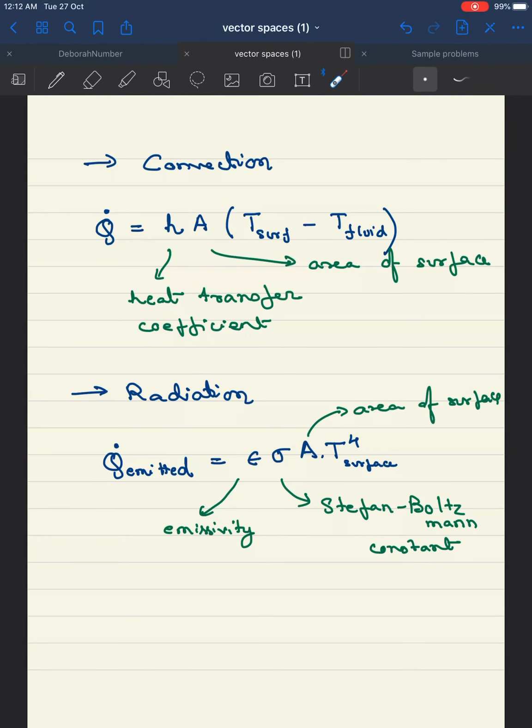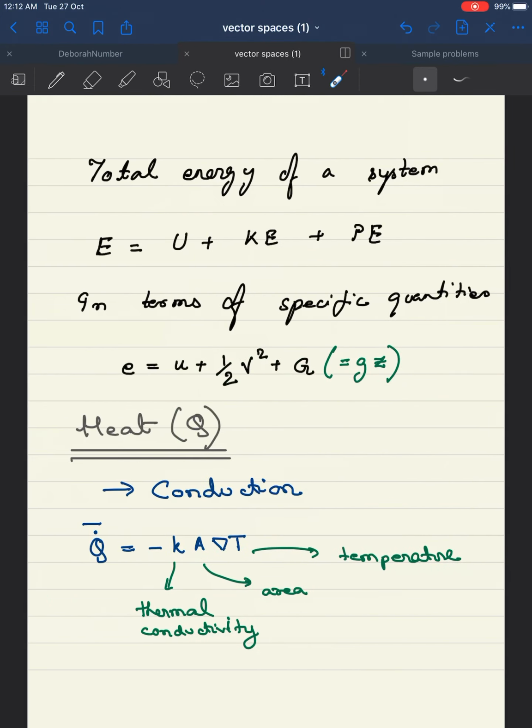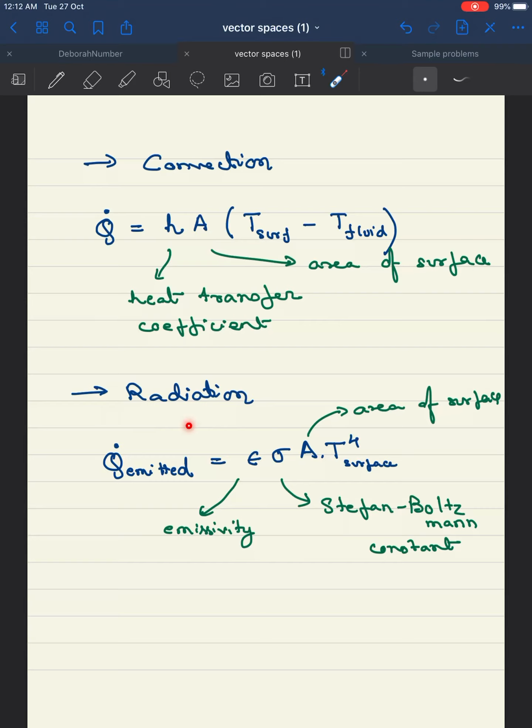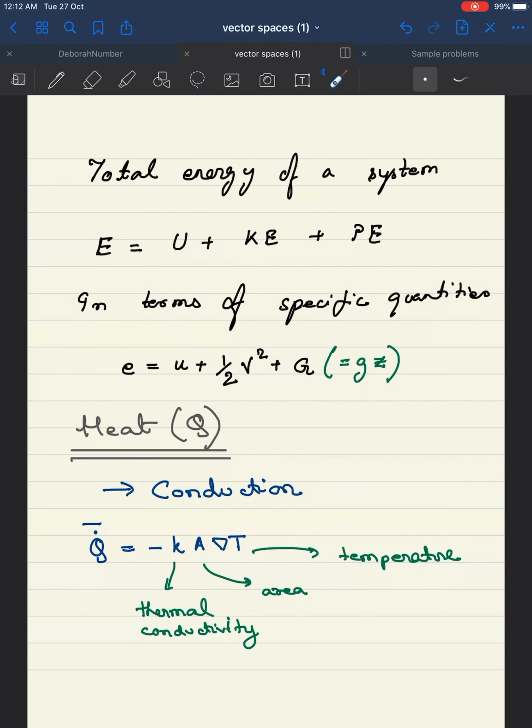In a given scenario, you might have all these three operative or only one may be important. Radiation is usually important only when you have very large differences of temperature, and in many cases we can often neglect radiation for small differences of temperature, and then convection and conduction become the primary mechanisms.